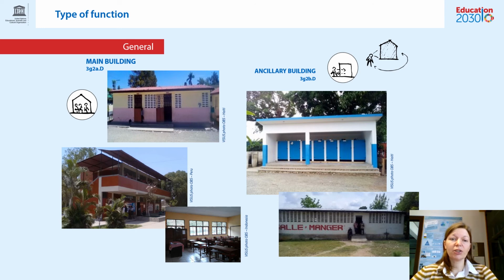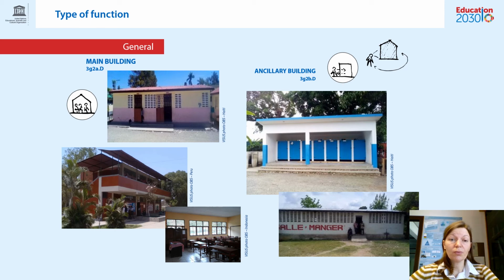In this picture, I show you some photos concerning main and ancillary buildings acquired during the past VISUS pilot projects. We will see in the next presentation how these pictograms are used in the VISUS methodology in order to refer to specific characteristics of a building. These pictures, I just anticipate you, are called OBS and support the surveyors during the acquisition of the data during the VISUS methodology.